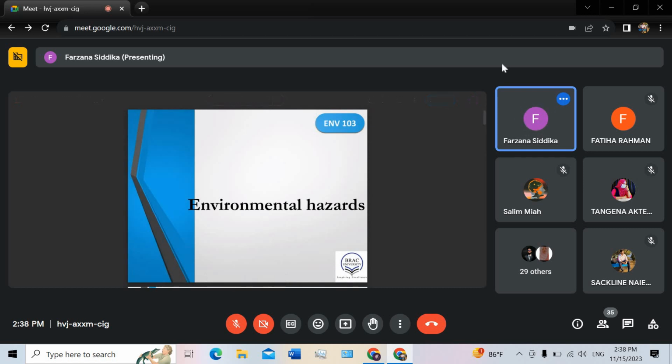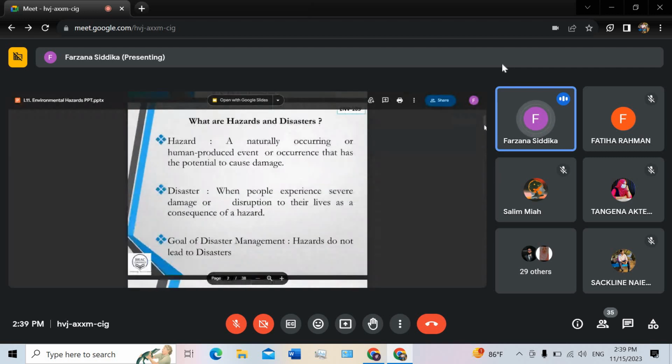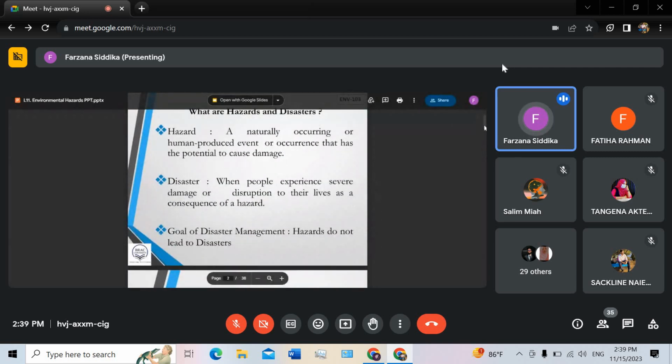আচ্ছা, এনভায়রনমেন্টাল হ্যাজার্ড. So what is environmental hazard and what is the difference between hazard and disaster? Acha, there is a subtle difference between the hazard and disaster, though in our regular life we use these two words parallelly and having the same meaning, but actually in real life they have a subtle difference in between.